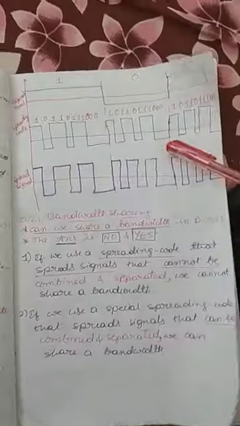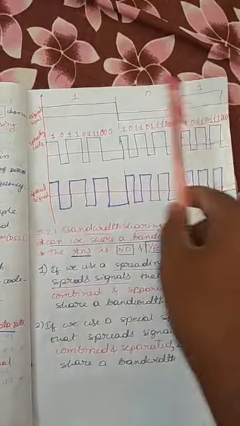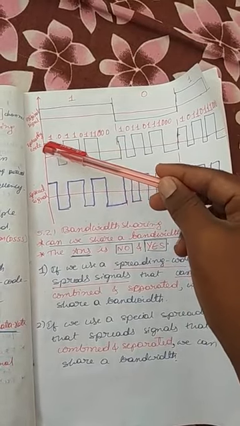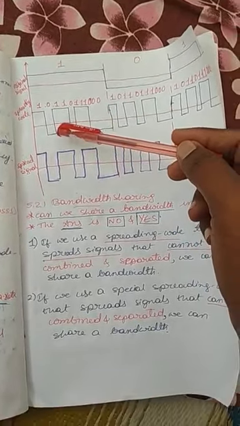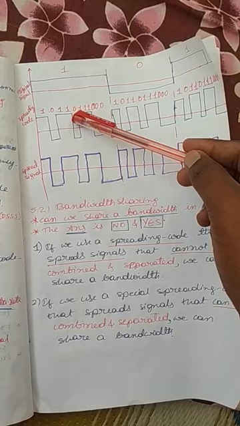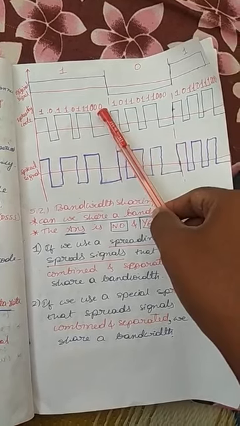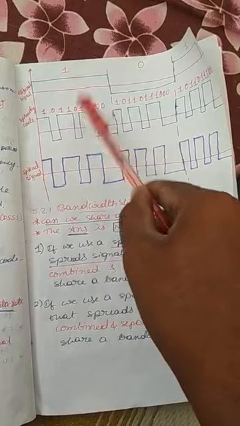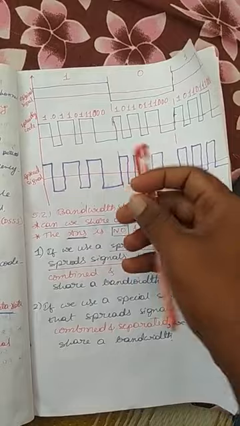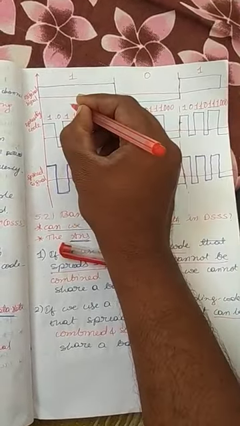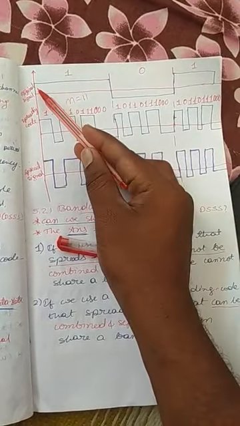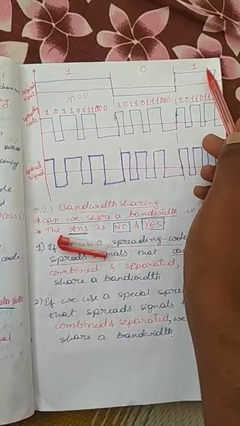Here you can see the original signal 101. Using spread spectrum, it is replaced by n bits. Here we use 11 bits. One bit is replaced by n bits. Here n is equal to 11, and the original signal is 101.